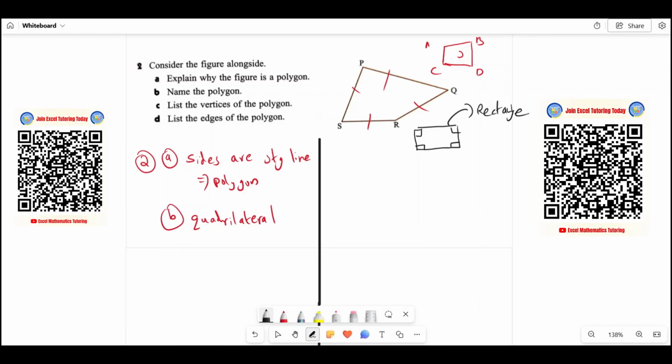And if every angle and every side is equal, then we call it a square. That's not needed for this one, so just this much is enough.